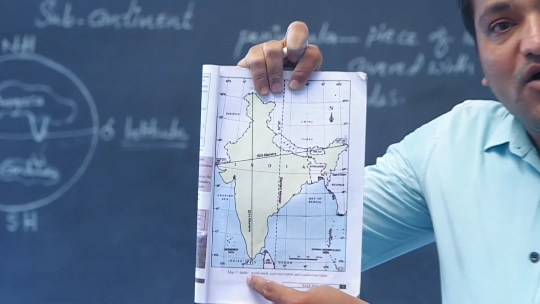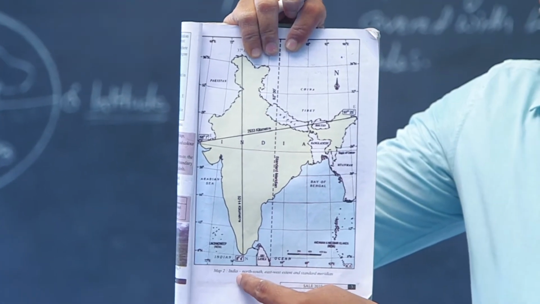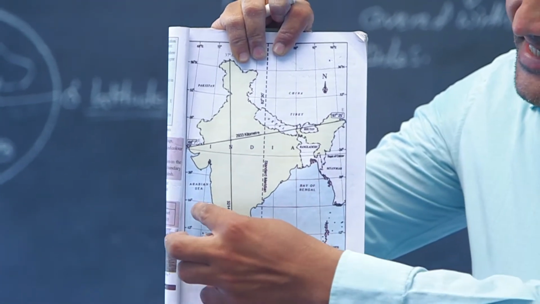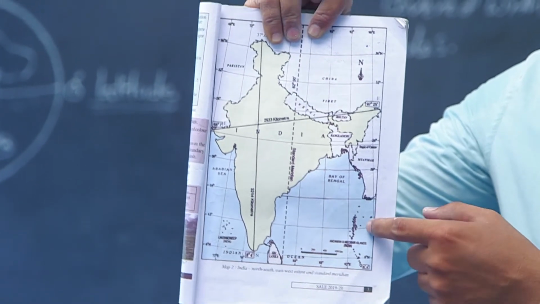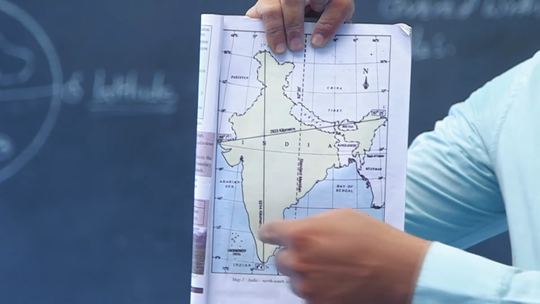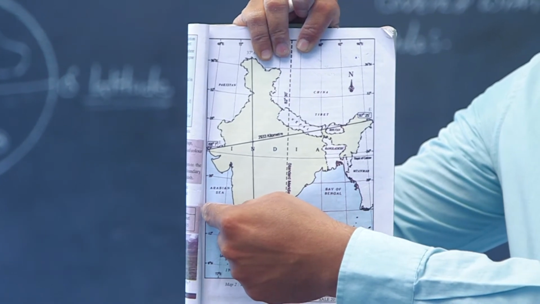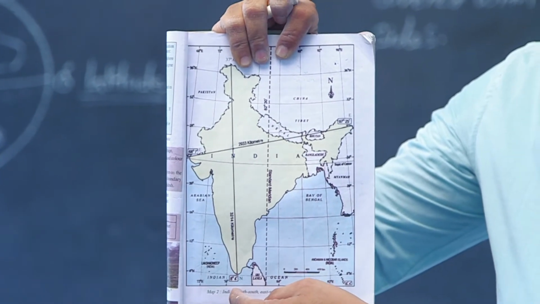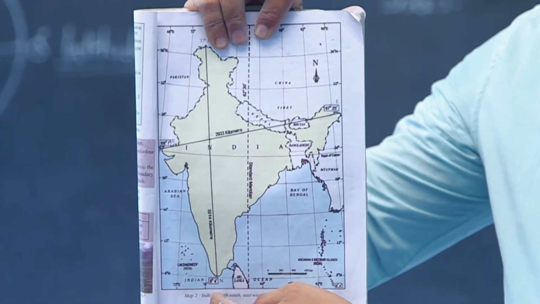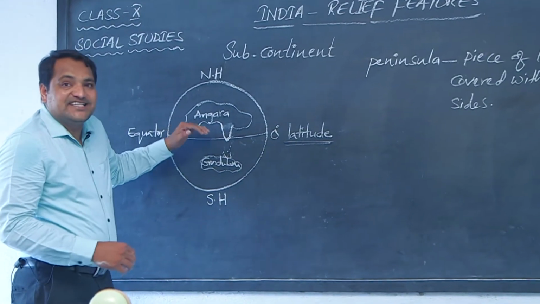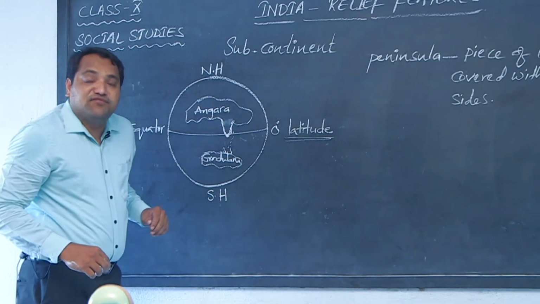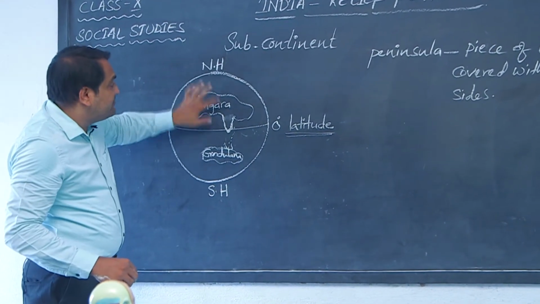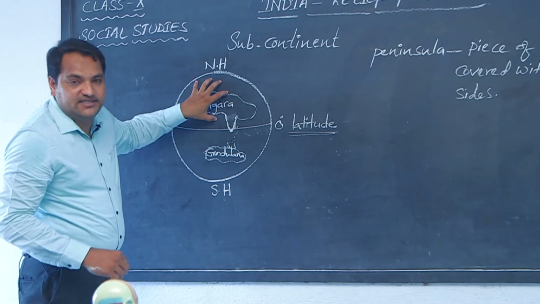Why is India called a peninsula? It is because it is covered with water on three sides. On the east we have the Bay of Bengal, on the west we have the Arabian Sea and in the south we have the Indian Ocean. So, here it is clearly evident that India is found in the northern hemisphere of the world.